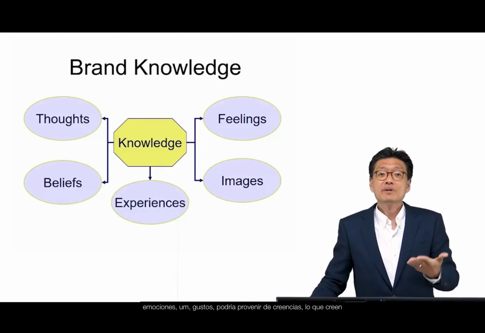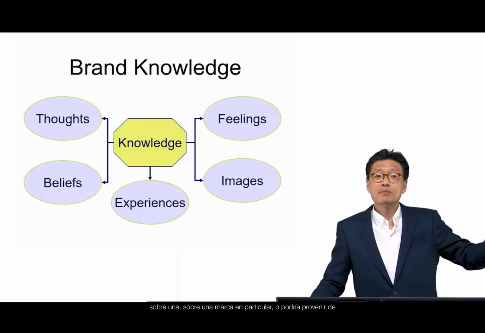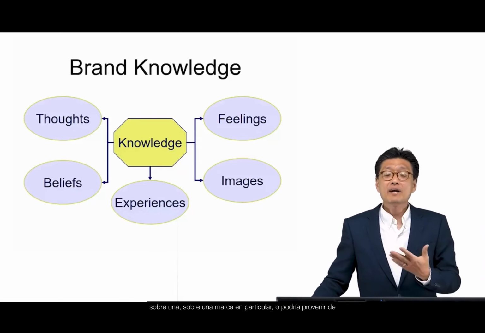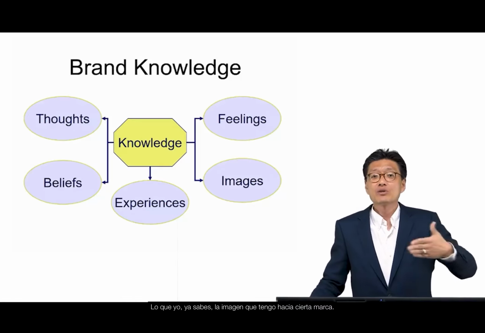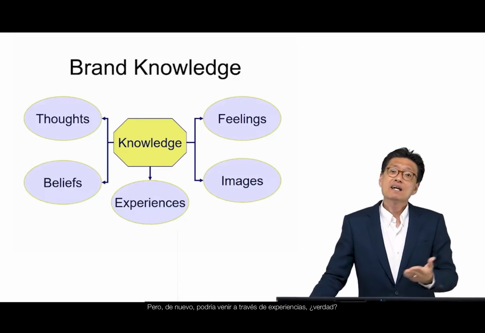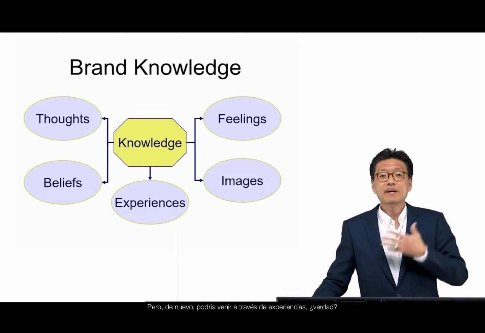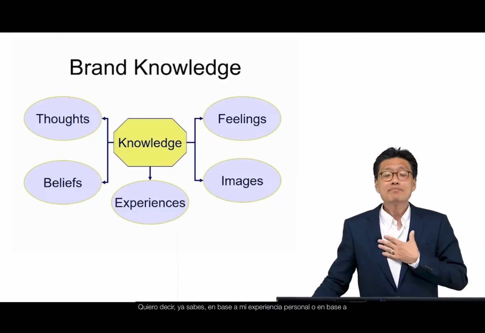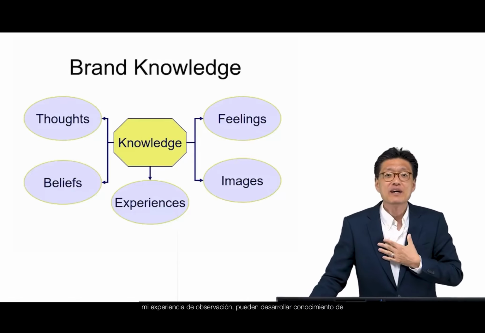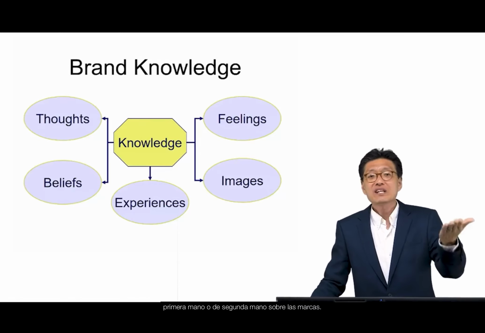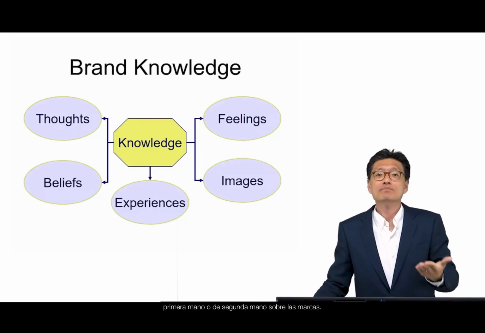It could come from beliefs, what they believe about a particular brand. Or it could come from images, the image that I have toward a certain brand. But then again, it could come through experiences, right? Based on my personal experience or my observational experience, they may develop firsthand or secondhand knowledge about brands.